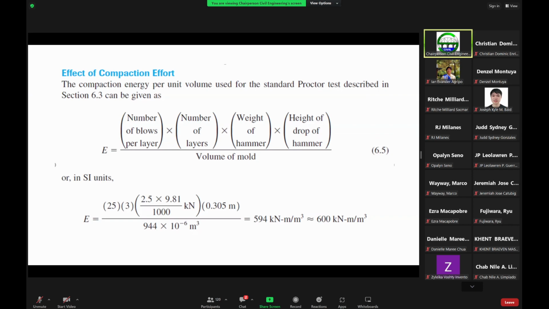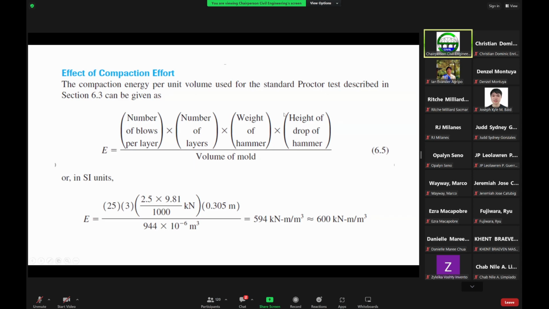You record the number of blows per layer, and then multiply by the number of layers. Say, for example, you divide the mold into 3 or 5 layers, and each layer you do a number of blows.